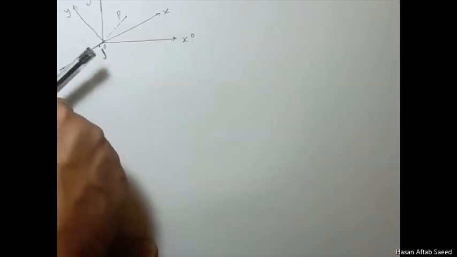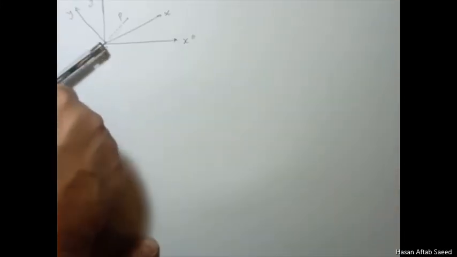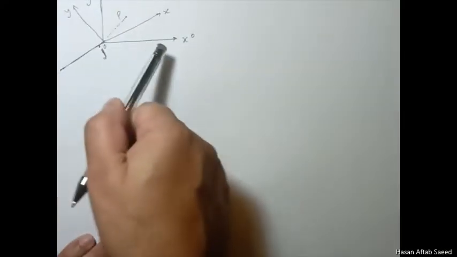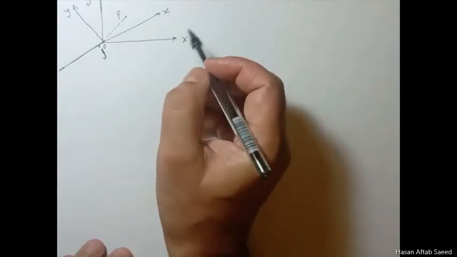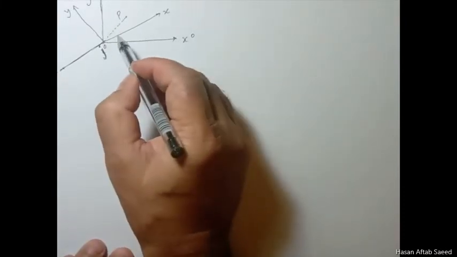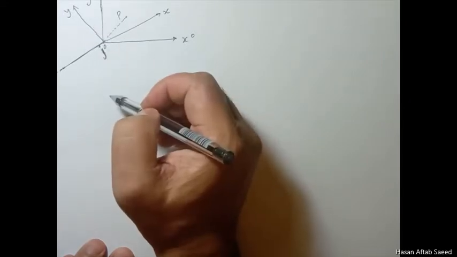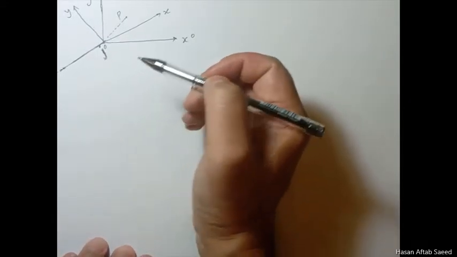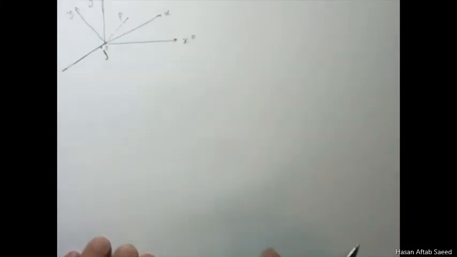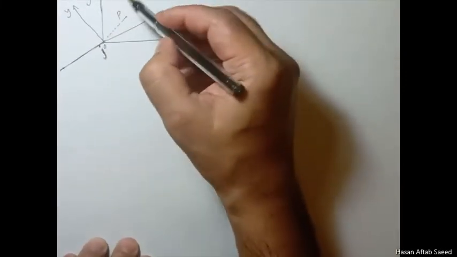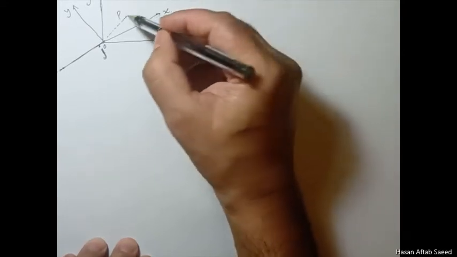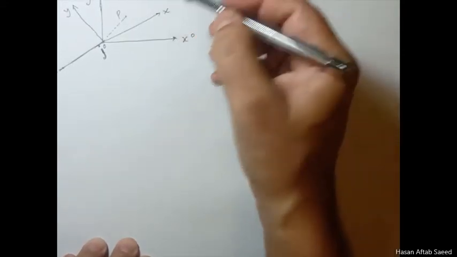Obviously, for every truss element, it could have different orientations, so you'll have different local x, y's, but x naught, y naught will be the same. One thing that is always constant is that x and y are at 90 degrees, and we are following the right hand coordinate system. So let's see what we get as the components in these two systems.